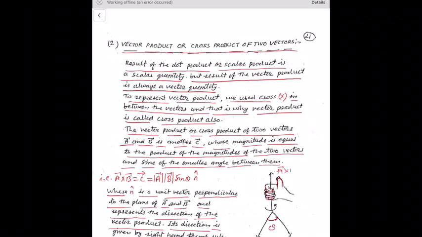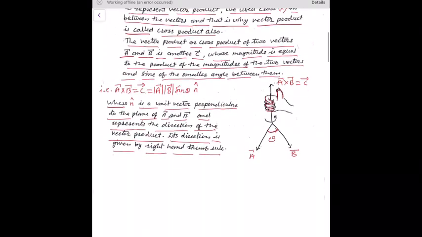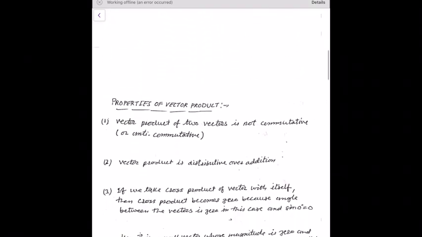So thumb represents A vector cross B vector is equal to C vector. Is it clear?